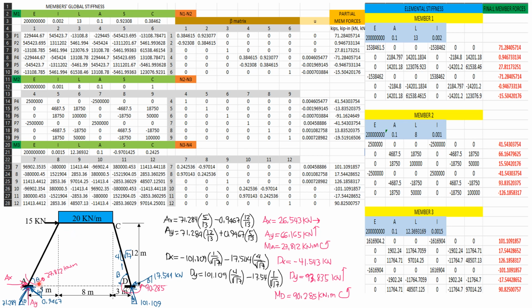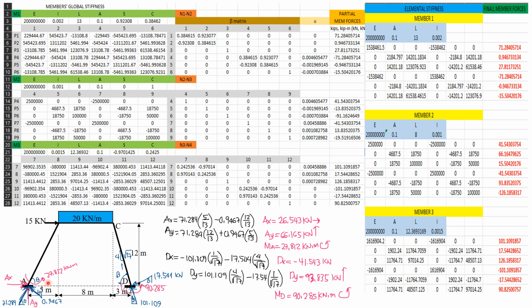So I now apply the axial force 71.284, and that is directed from A to B or 1 to 2. Then we have the shear force, which is positive. So if this is the top fiber, the direction of that shear force is in that direction, positive 0.9467 kilonewtons.